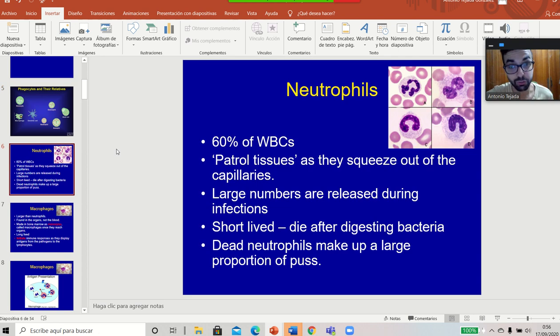Then we have the neutrophils, which are 60% of the white blood cells, WBC, and they patrol tissues as they squeeze out of the capillaries. They are the first level when a pathogen comes into our body. Okay?